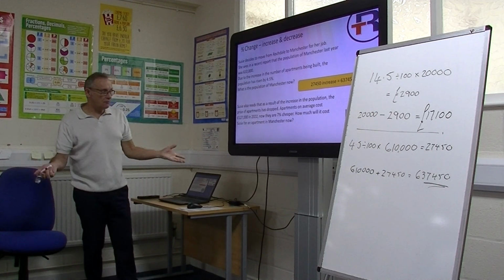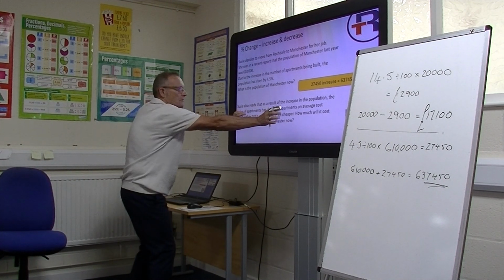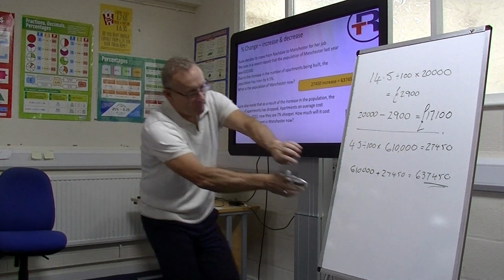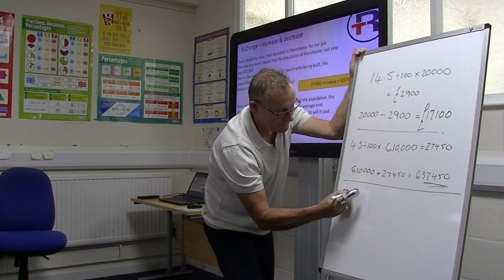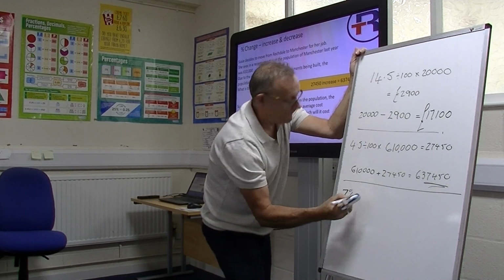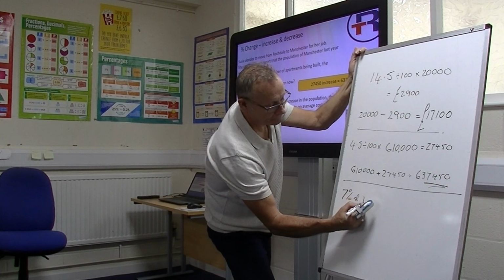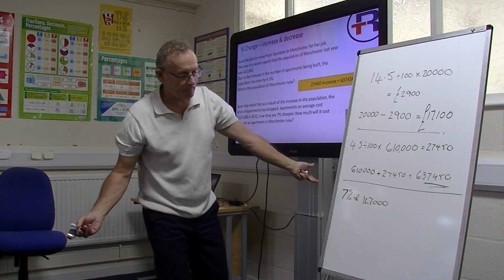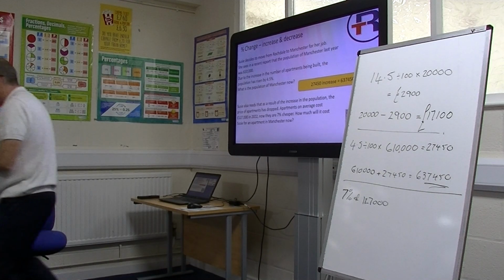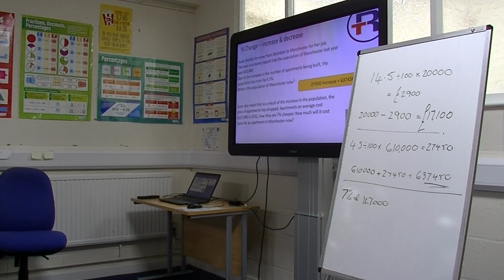Take the numbers out of there, and let's pop them on there. Put a line there, because that's a different sum. 7%. What does it mean? It means 7 divided by 100.